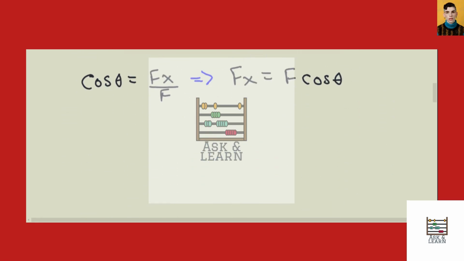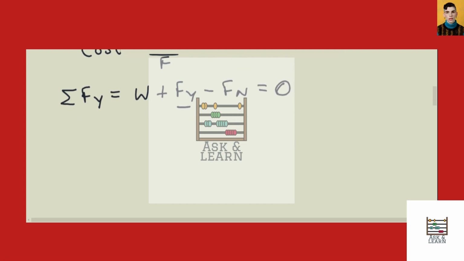So when we do the sum of the forces in the y direction, we have w, the weight, plus f of y minus the normal force, f of n, is equal to, and then since there's no movement in the y direction, acceleration is 0, so this is equal to 0.